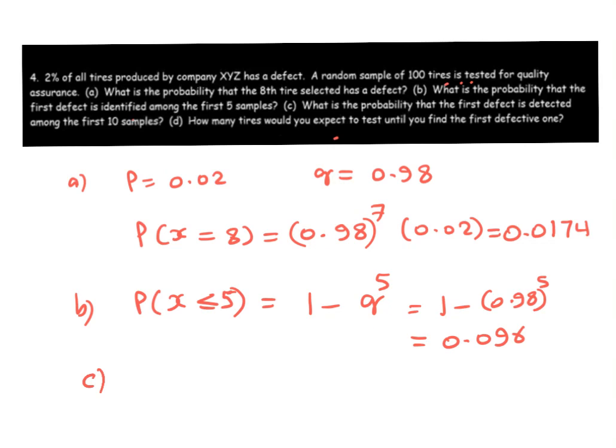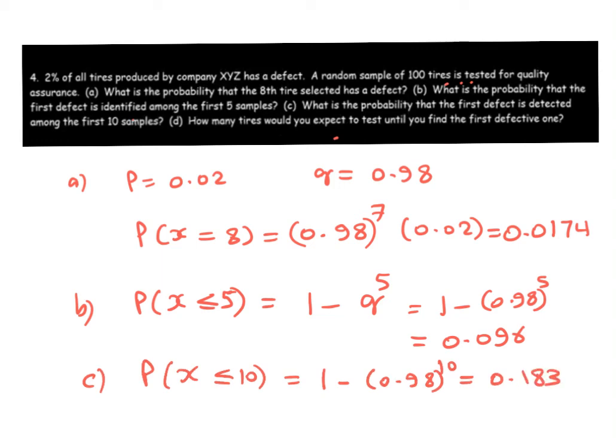Read C again. What is the probability that the first defect is detected among the first 10 samples? So probability of X less than or equal to 10. In the same way, 1 minus Q to the power 10, so 1 minus 0.98 to the power 10, which is 0.183.